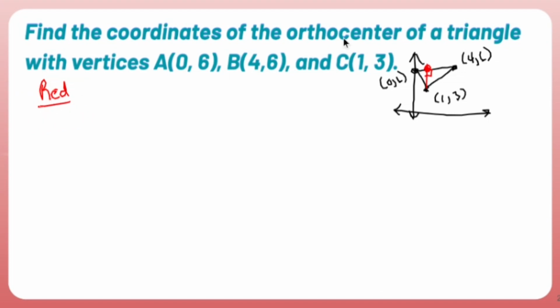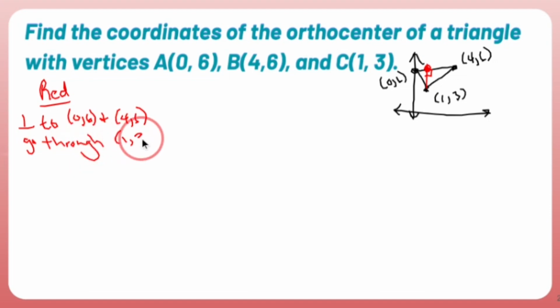So in order to find the equation of this red line, I need a line that's perpendicular to (0, 6) and (4, 6), and it has to go through (1, 3). Now, what do we see?